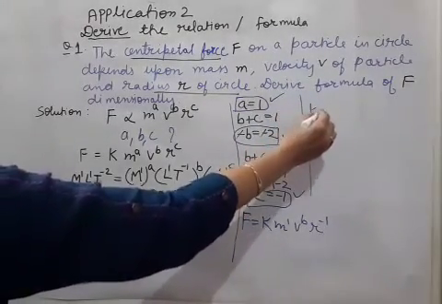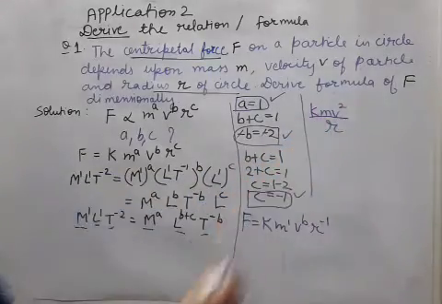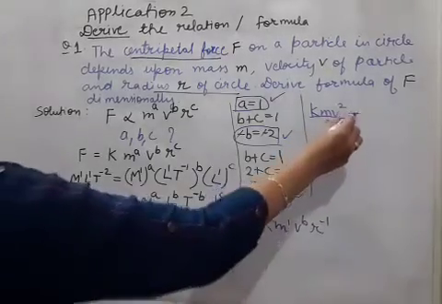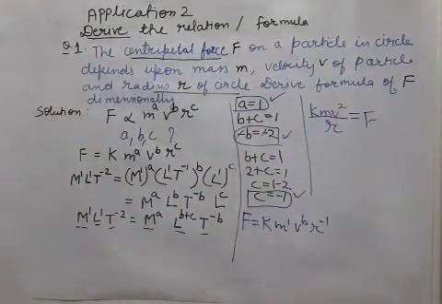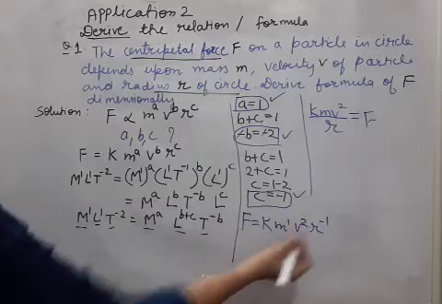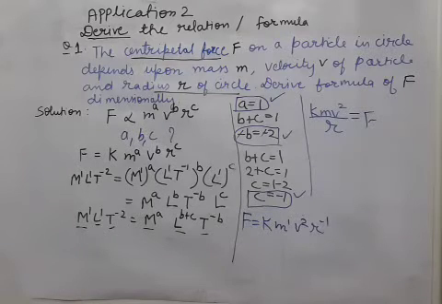So K m v power 2 upon r, we can also write, for the force formula. I had not written the B value here: it is m1 v power 2 r power -1. So finally we have obtained the answer for force.